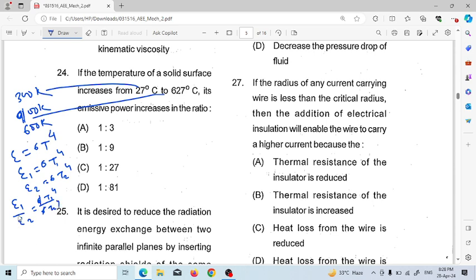Sigma is constant, cancel, and epsilon 1 by epsilon 2 is equal to T1 given 300 and T2 given 900, and this is power 4, and this is 300 divided by 900 whole power 4, that means 1 by 3 whole power 4. 1 by 3 to the power 4 is equal to 81. Option D is the correct answer.